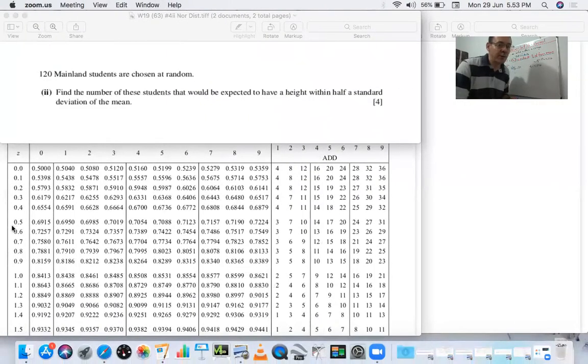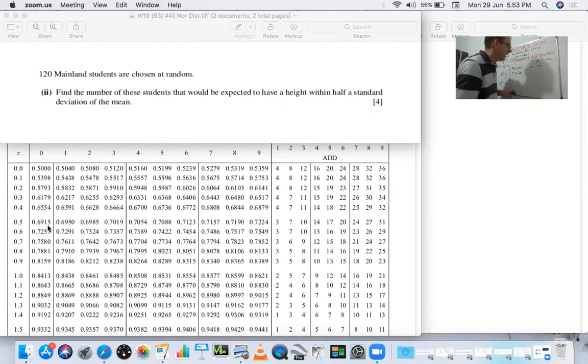So if we go to 0.5, which is right here, 0.50, of course there's no 0 over here. So 0.5 of a standard deviation, which is our z-score, gives us 0.6915. This is the probability. So our probability is 0.6915.